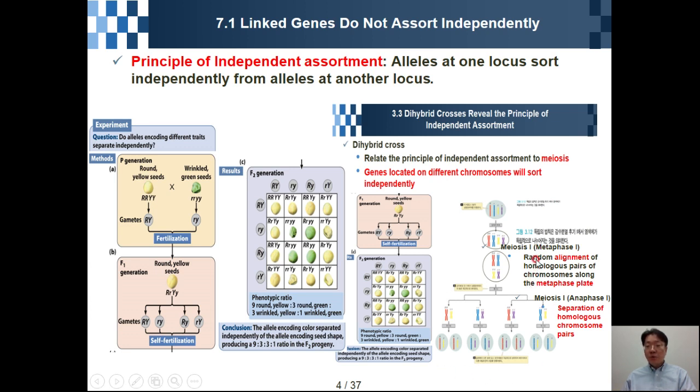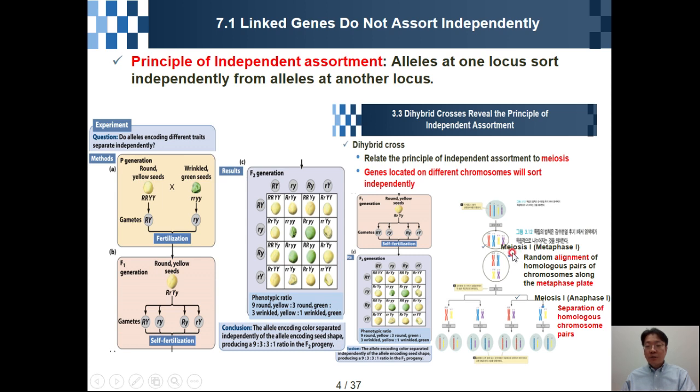So this is meiosis. During meiosis I, for example, the genes which encode the shape are located on this very big chromosome, and the genes which encode the color are located on a small chromosome like this.